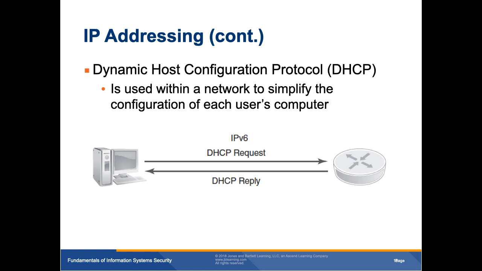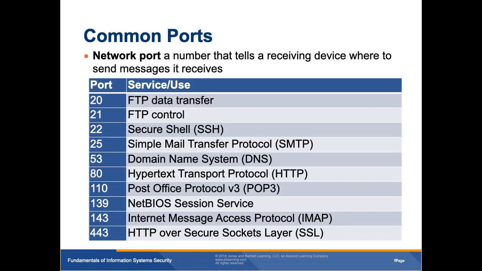DHCP is used within a network to simplify the configuration of each user's computer so that you don't have to manually enter an IP address, and you can do IPv6 addresses or IPv4 or both. You can do what is called a dual stack. You have common ports. Any port under 1024 is a well-known port.